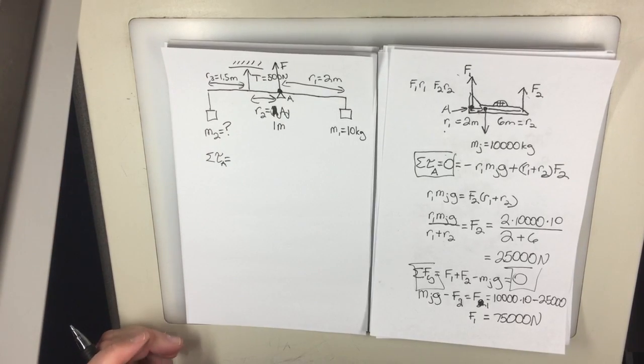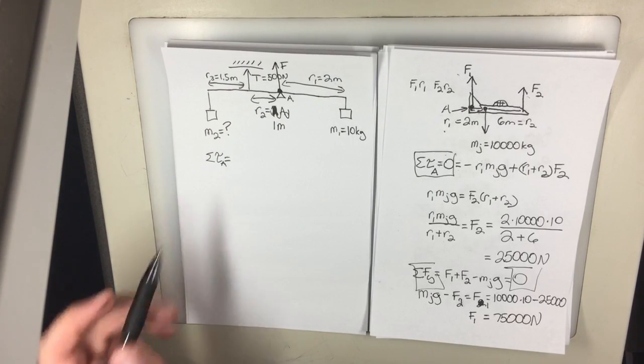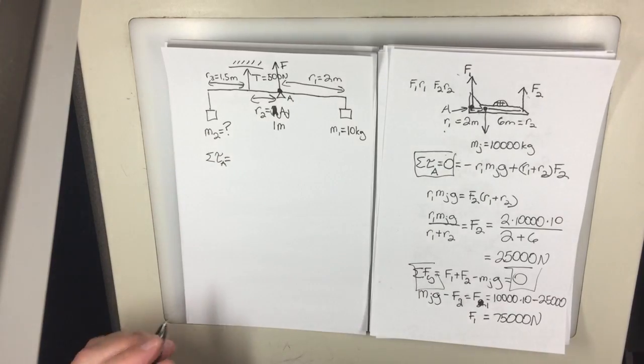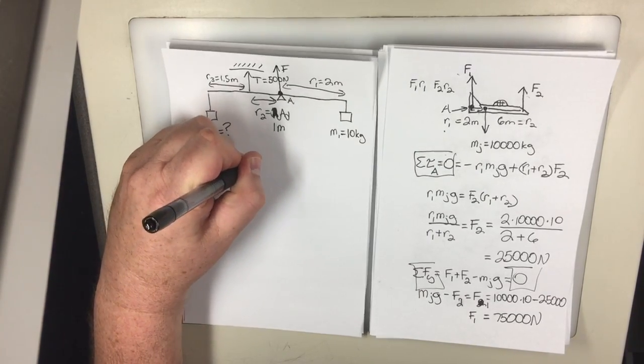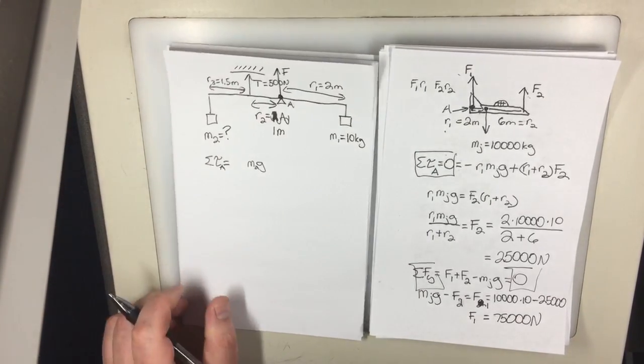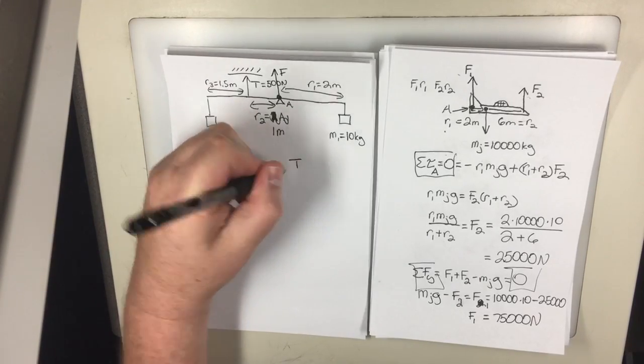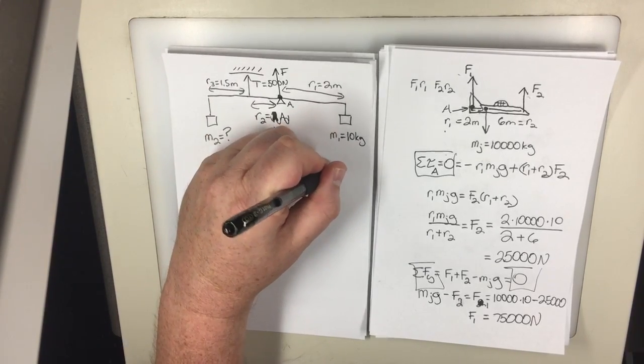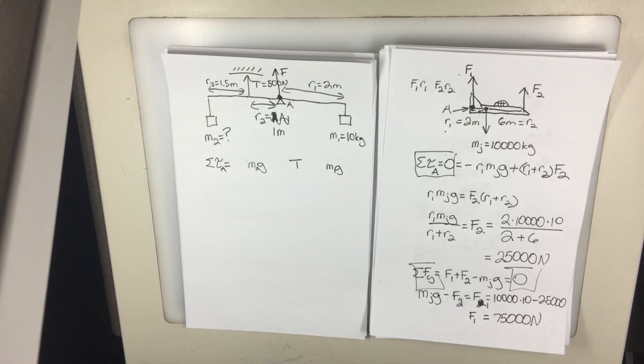I've got 1, 2, 3 torques. M2G is one of the forces, tension is the other, and M1G is the last one. Torque is the force times that distance from the rotation point that you've determined to whatever force you're studying.